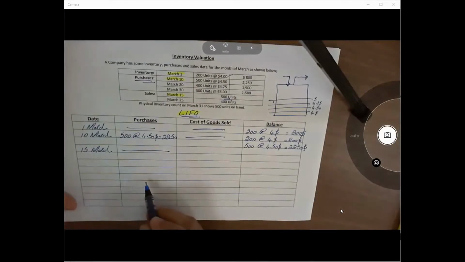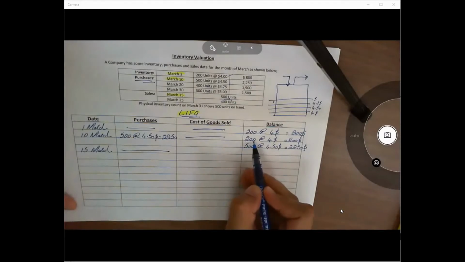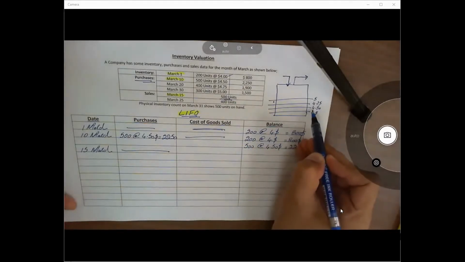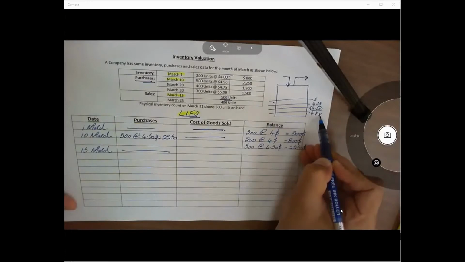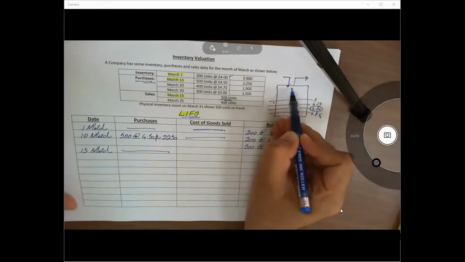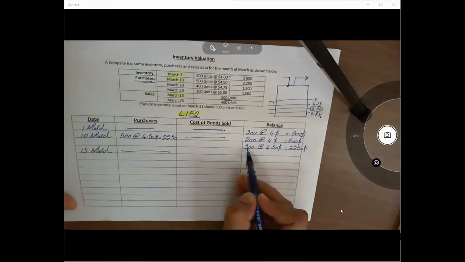Now, in FIFO, we sold these units first. But in LIFO, we will sell the top units first, which means that we need to sell these units, not these units. Last in, first out. So these units are 500 and we need to sell 500.